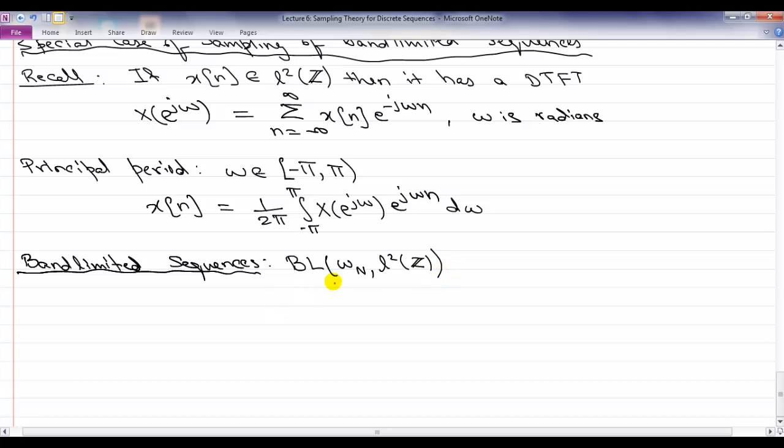This is defined as all sequences in L2Z for which the Fourier transform becomes 0 after omega n until pi. We can't just say it becomes 0 for all omega greater than omega n because it's periodic. So it is 0 for all omega belonging to omega n to pi.